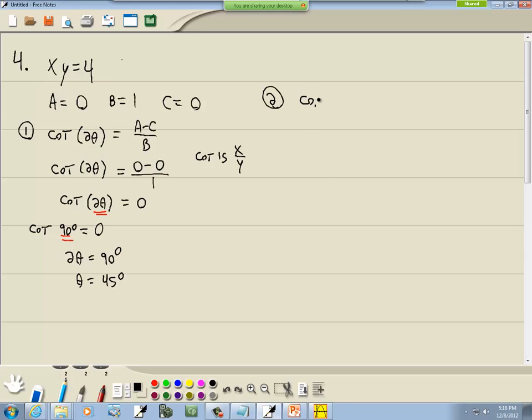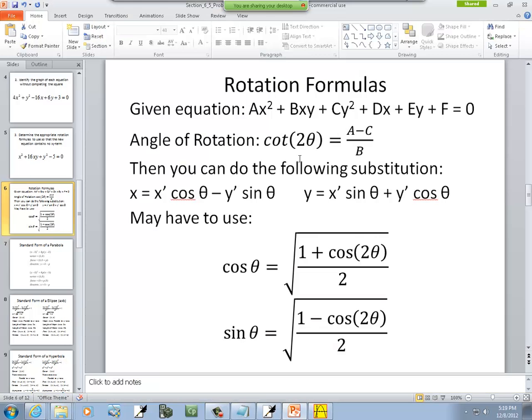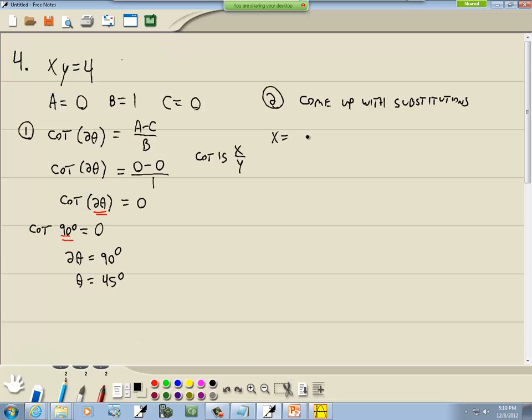So we'll come up with our substitutions. x is going to equal x prime cosine theta minus y prime sine theta. And y is going to equal x prime sine theta plus y prime cosine theta.